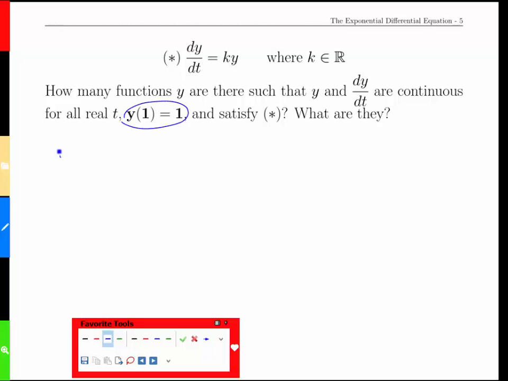If we did exactly the same thing, started with our solution c e to the kt as being our y functions, then what we can do is plug in t equals 1, y equals 1, and see where that gets us.